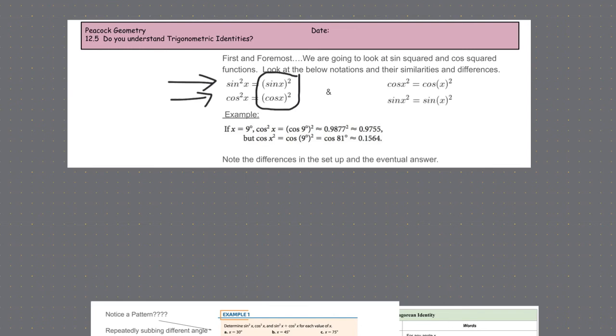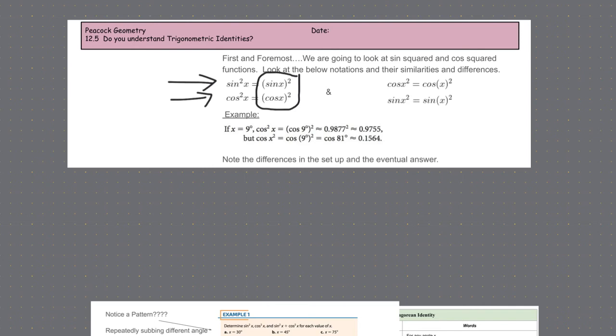It really is saying we're going to take the sine of x and square that entire value, whatever it is. We just write it sine squared x. Just take it as the way I say it.